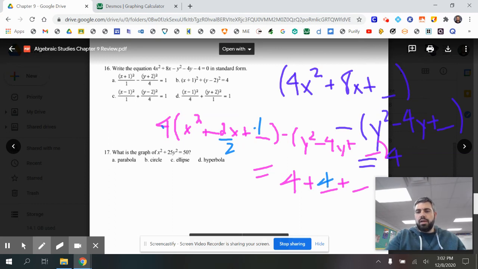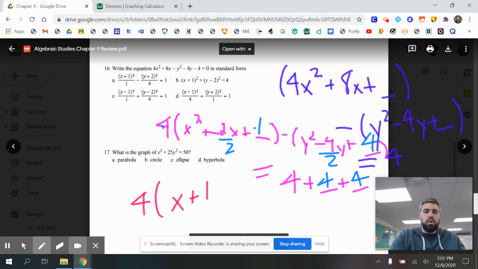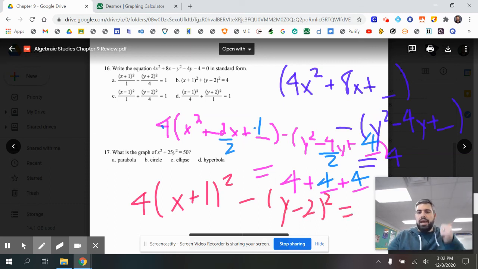Then the next one, negative 4 divided by 2 is -2. That squared is 4, so we get 4. And so what we end up getting is 4 times the quantity x plus 1, because it's half of the positive 2 squared, minus, and then we get y minus 2 squared equals, and 4 plus 4 plus 4 is 12, right?